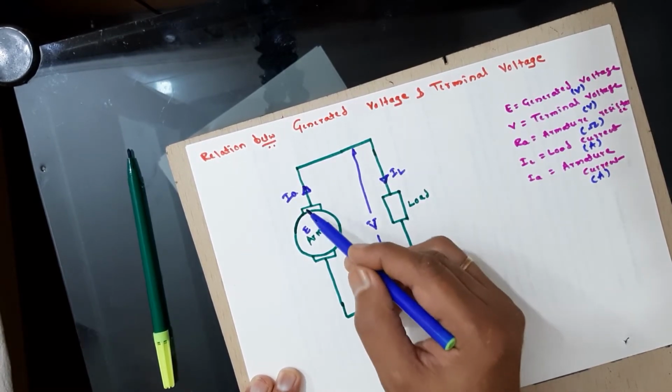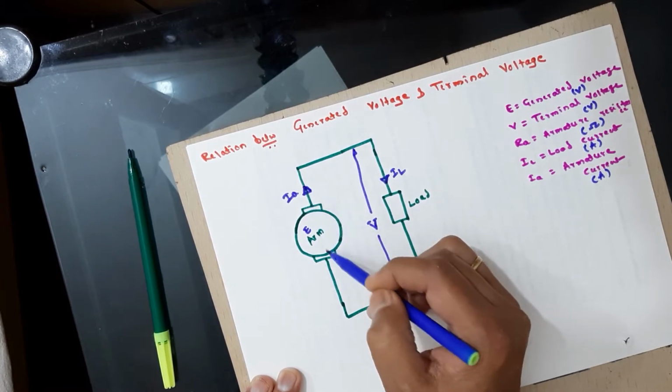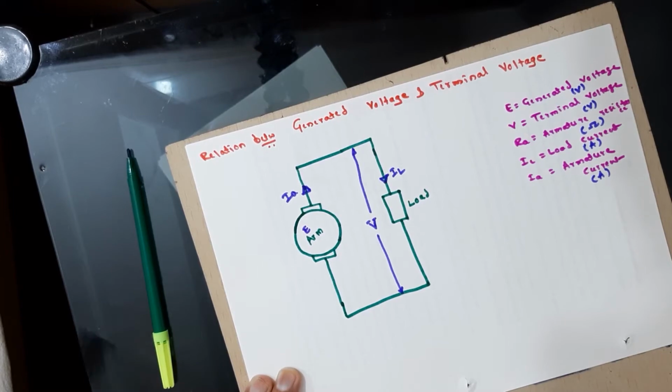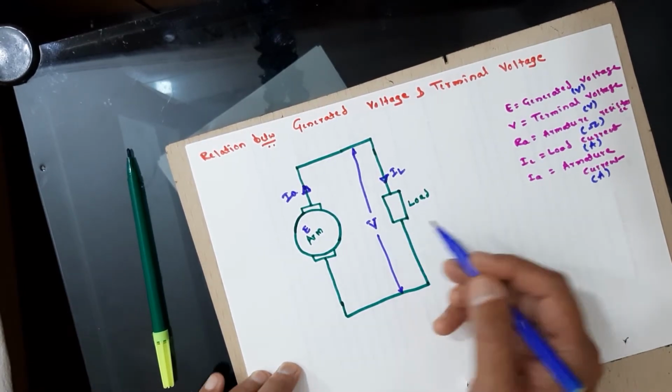Apart from that, there are two brushes, positive and negative, touching the commutator segments. Therefore, there is a contact between the commutator segments and the brushes, which causes a contact drop. These three factors determine the value of the terminal voltage.